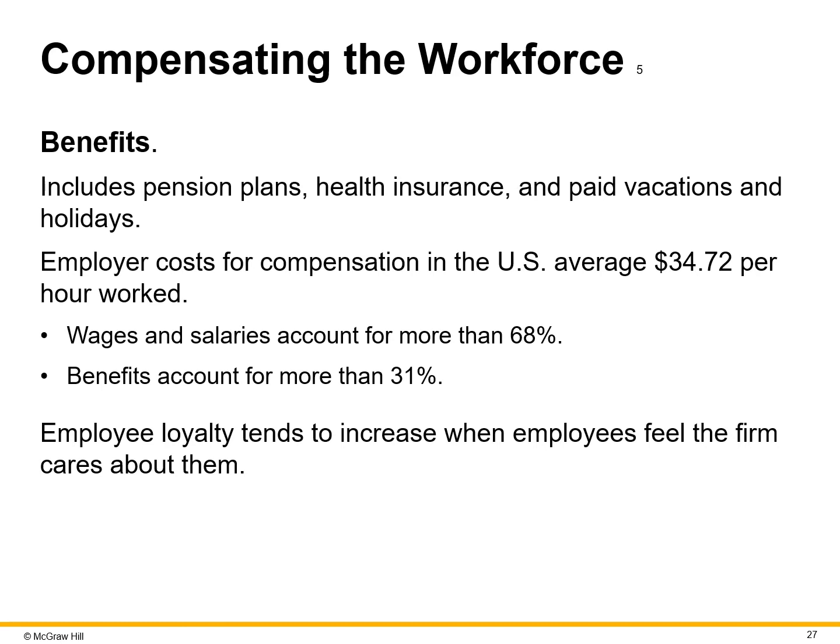Wages and salaries account for 68%, while benefits account for 31%. Legally required benefits include Social Security, Medicare, federal and state employment insurance, and workers' compensation. This accounts for 7.6% of total compensation. Such benefits increase employee security and, to a certain extent, morale and motivation.